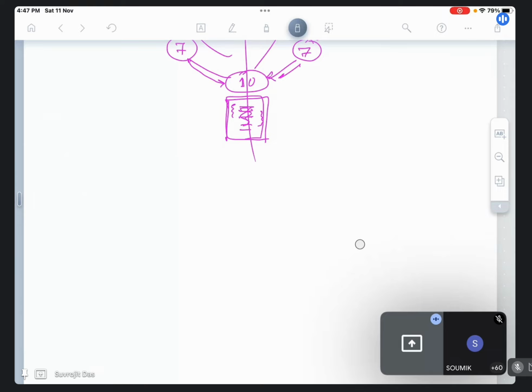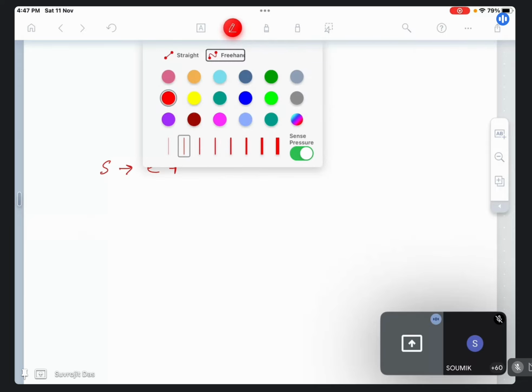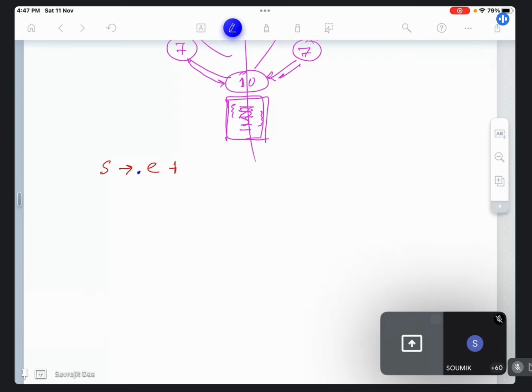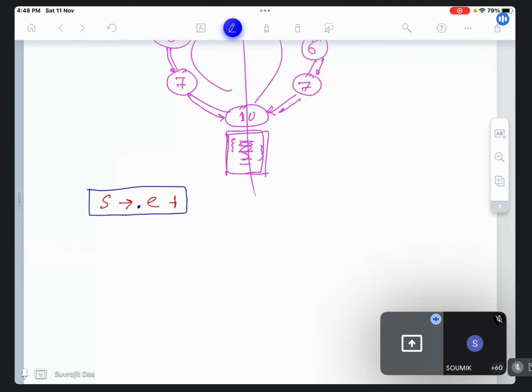So how to do this? Let us take an example. The very first production that we have in our grammar is S goes to E, right? And as usual, you are going to add a right-hand marker to E, and in the very first LR0 item, you have S goes to dot E followed by the end of input symbol.